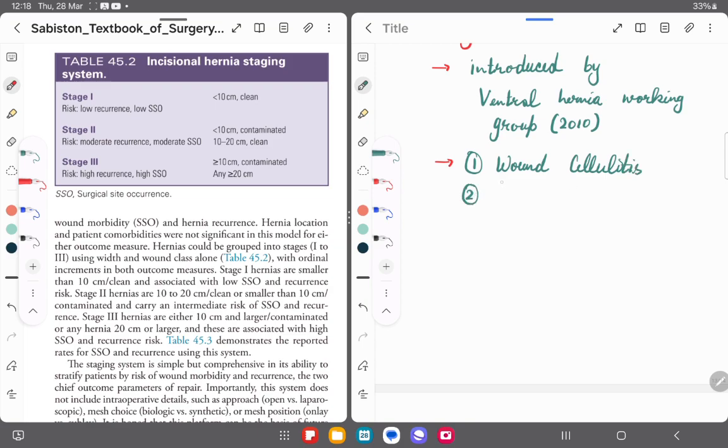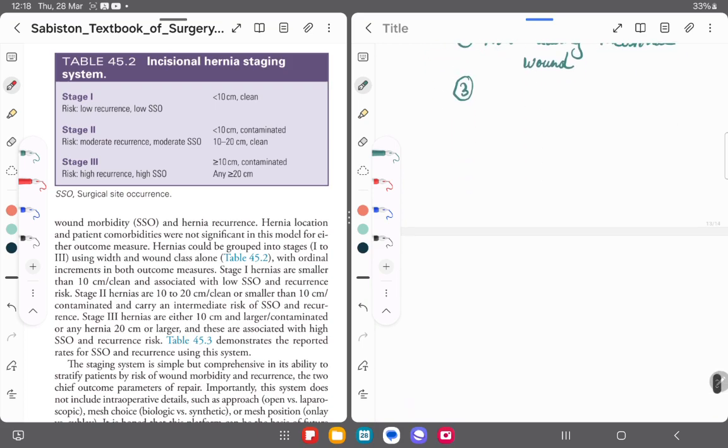Number two, non-healing incisional wound. Number three, facial disruption.